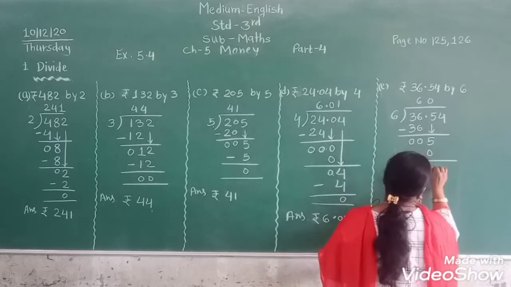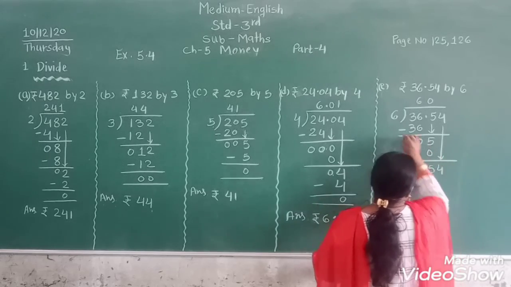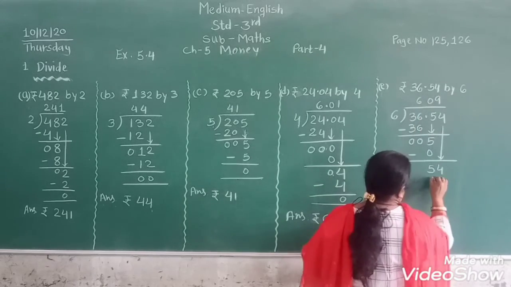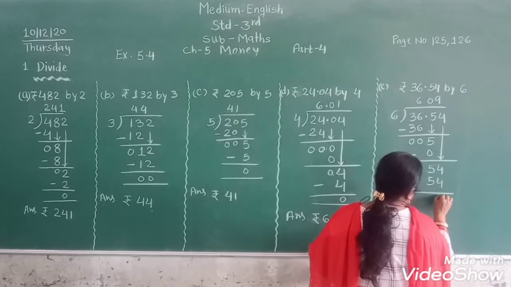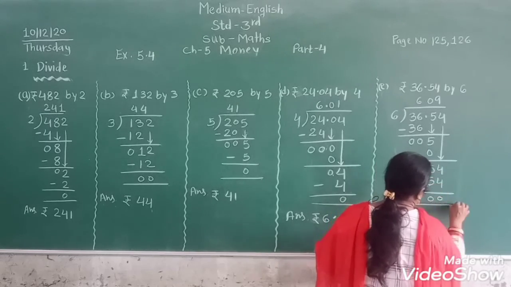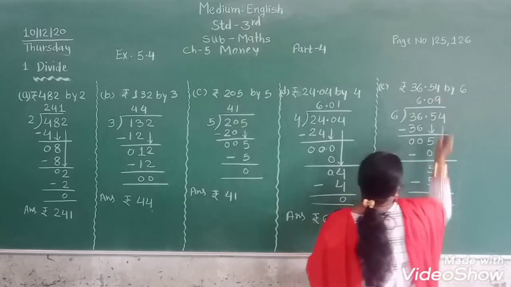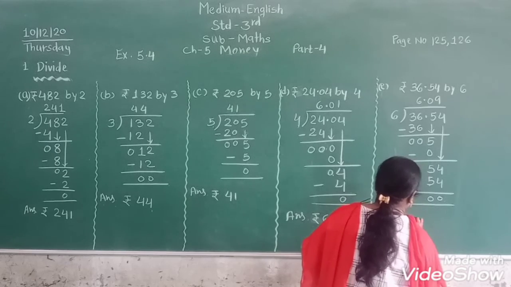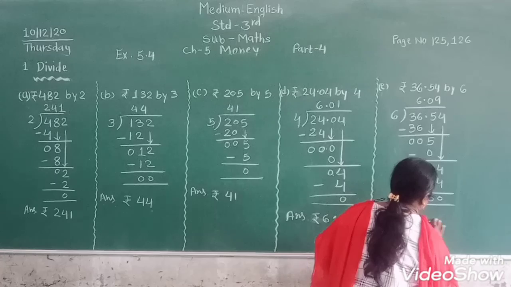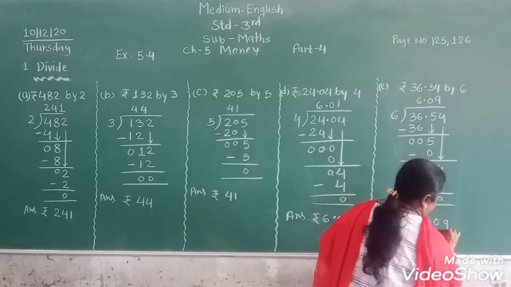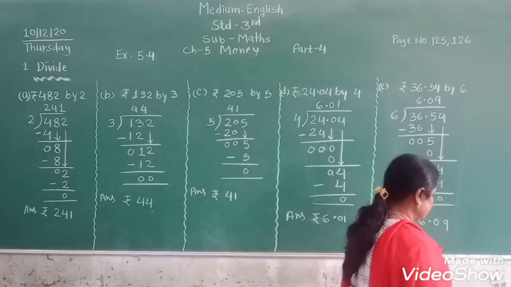Now 54, bring down 4, 6 9s are 54. 4 minus 4, 0, 5 minus 5, 0. Answer is, put down dot here, rupees 6 and 9 paise. Rupees 6 and 9 paise. Okay.